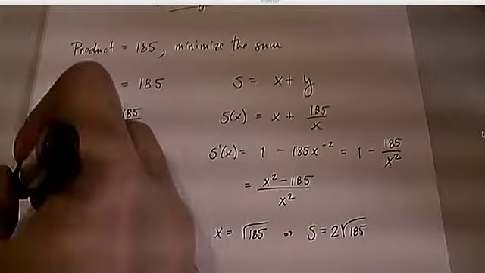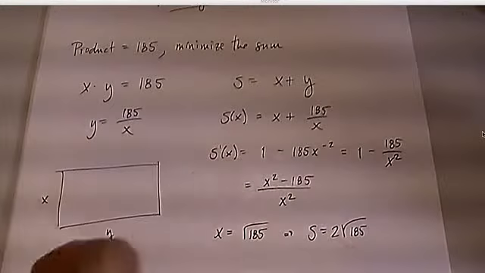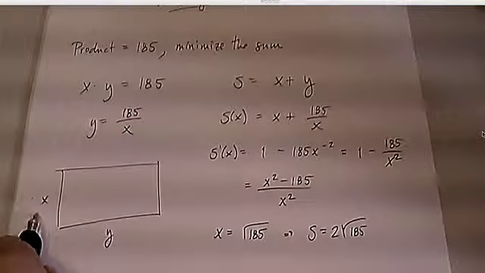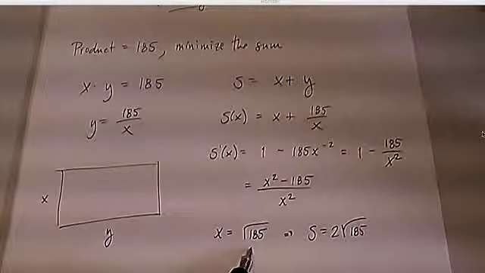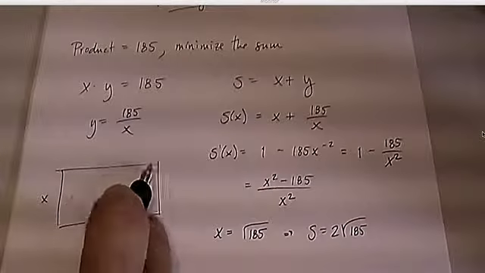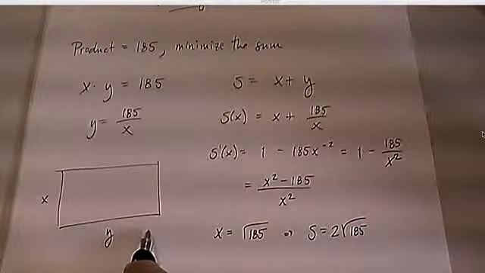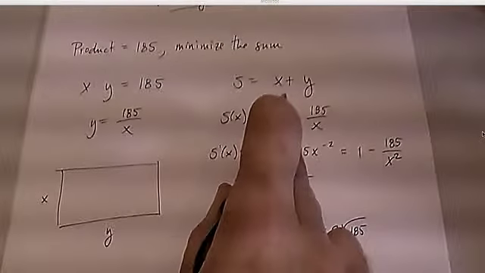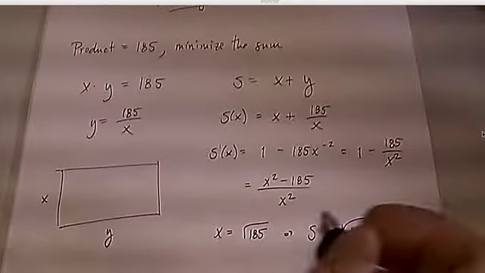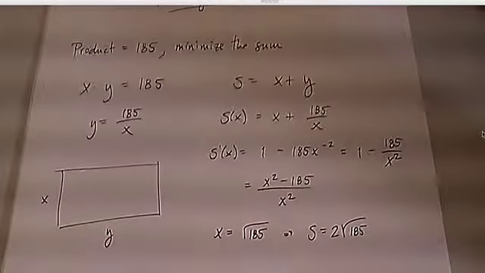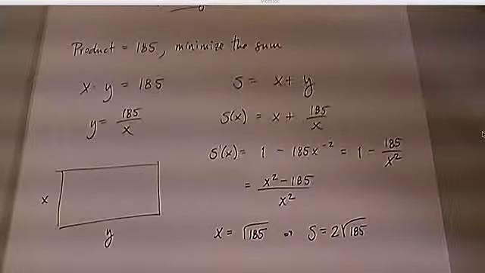And I minimize the perimeter when it's a square, right? When x times y is 185, x and y being the square root of 185, that is a rectangle of given area where the perimeter, which of course would be twice this sum right here, is minimized. So it actually does have something to do with geometry, just not directly, okay?